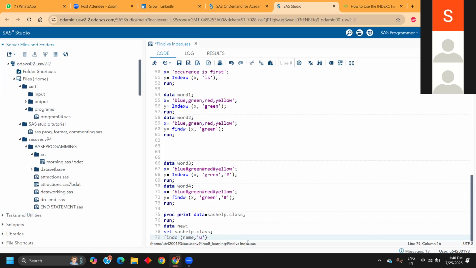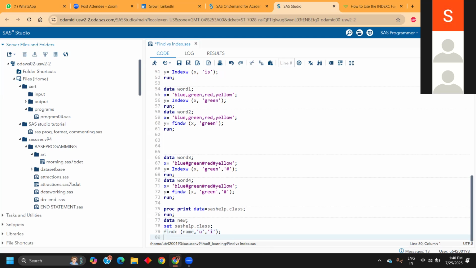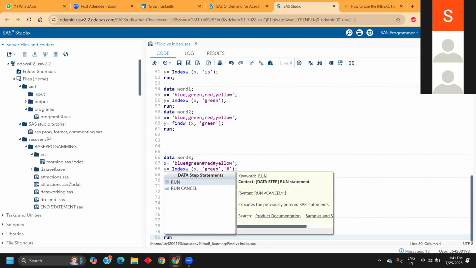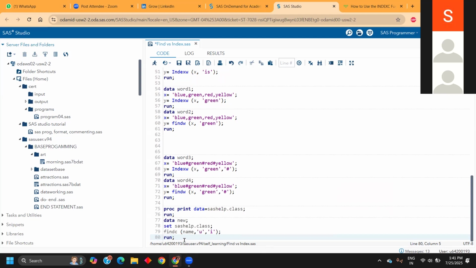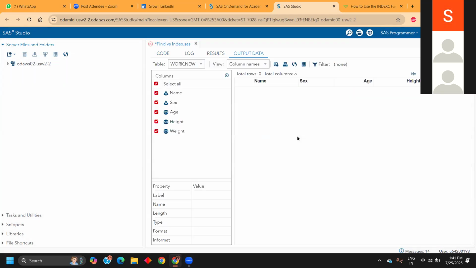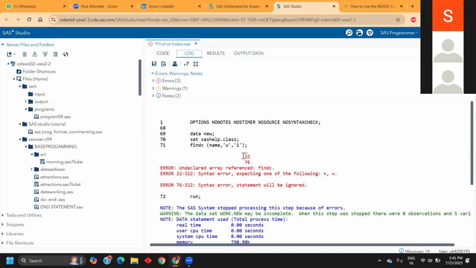What if I have capital or lowercase letters? I want to see what happens if I run this. You won't be getting anything. Yeah, I'll try. Before writing the code, just see what you wrote.